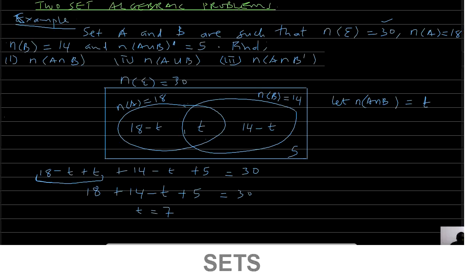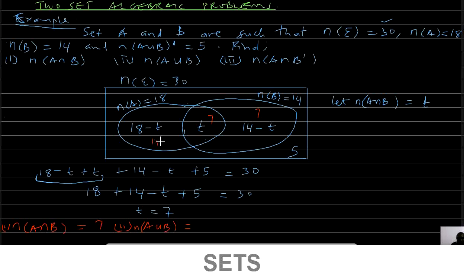So our Venn diagram now changes, having 11 members here, 7 here, and 7 here. Now let's answer the questions. Number 1: the number of elements in A intersection B is equal to 7. Number 2: the number of elements in A union B. A union B is different from the universal set.